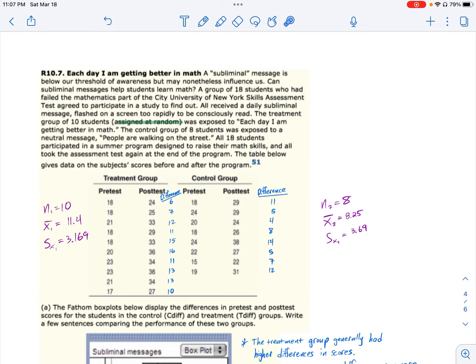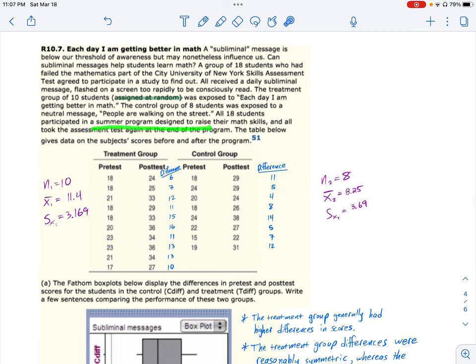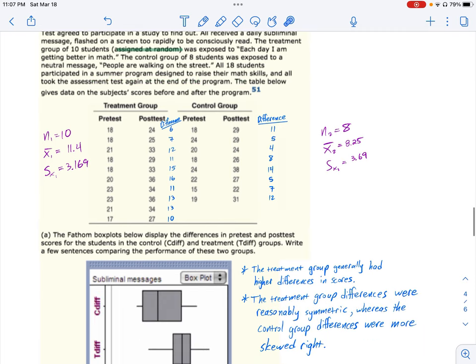They had a neutral message that flashed on the screen that said, people are walking on the street. Random, but I guess that has no impact on their math skills. Then all 18 kids were in the summer program designed to raise their math skills. So they're comparing the treatment group, each group had a pre-test and a post-test, to the control group, and which group made more progress. Okay?